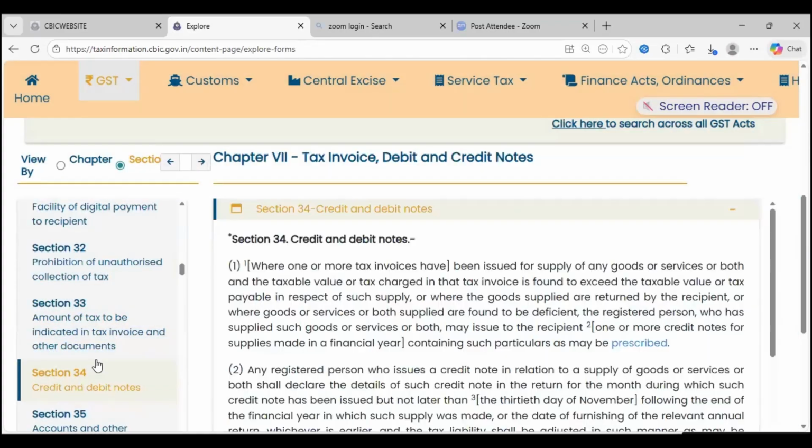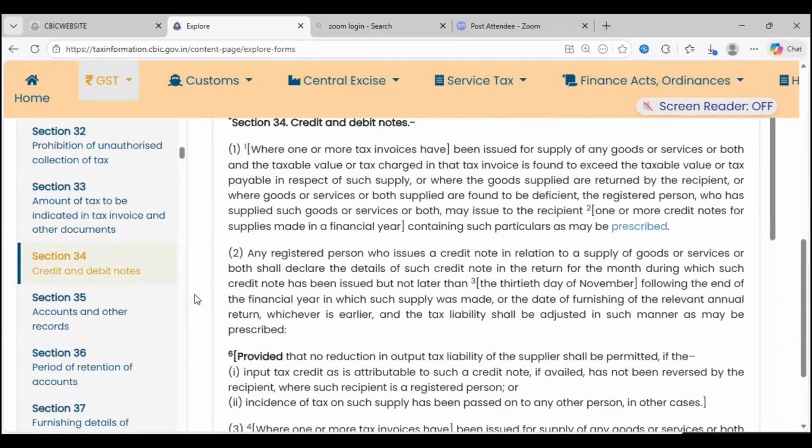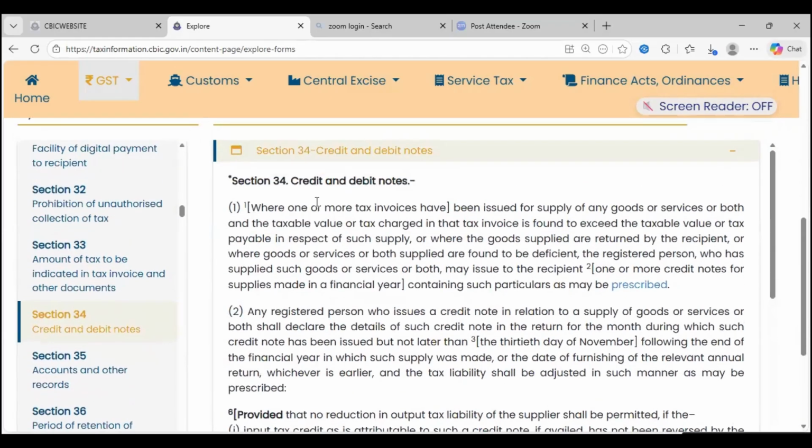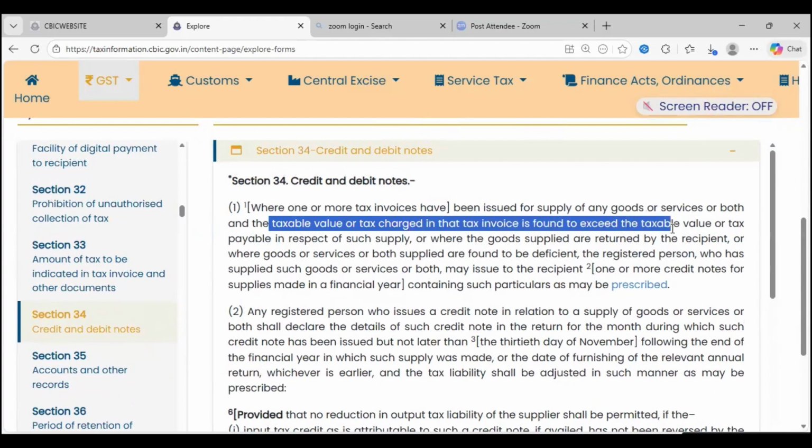Section 34, credit note, debit note. This is where the law says when I can give a credit note and when I can give a debit note. Where one or more tax invoices have been issued for a supply of goods or services, where the taxable value or tax charged in that particular invoice is found to exceed the taxable value or tax payable in respect of such supply.